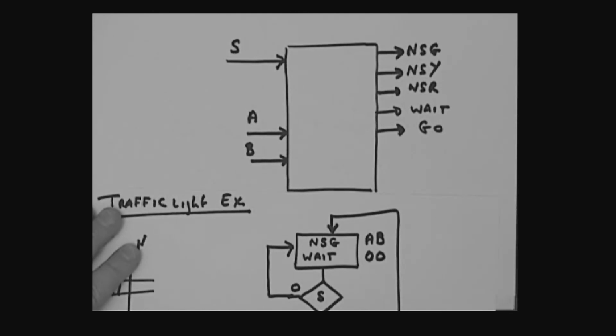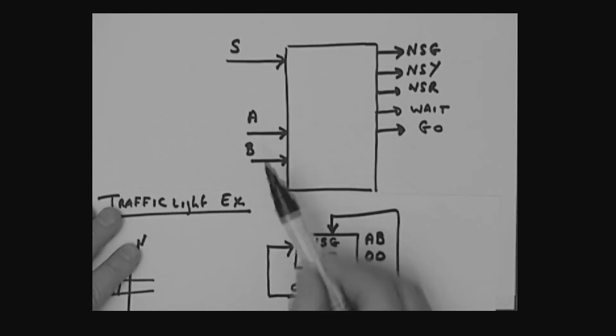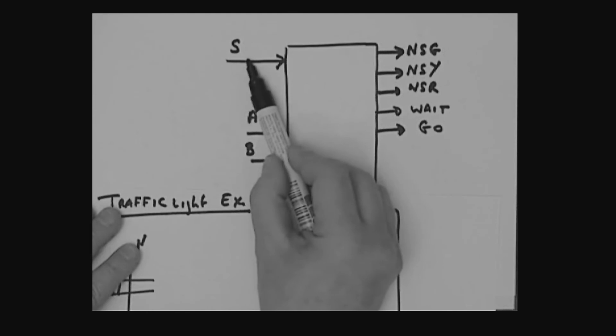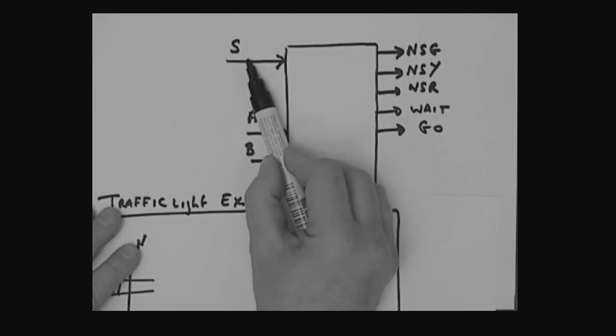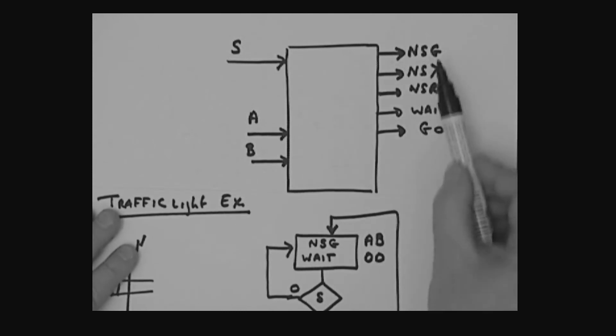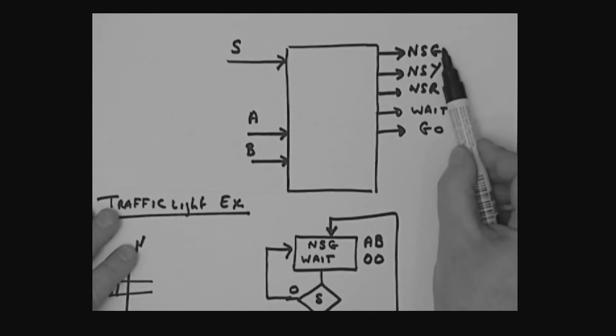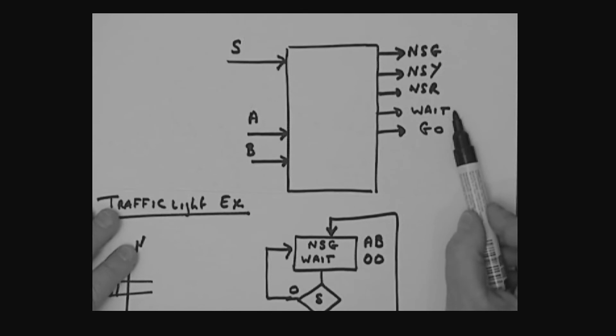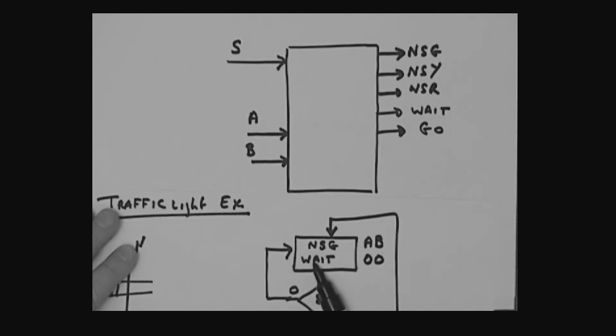Now, if I'm in this condition with A0, B0, and somebody decides to press the switch, what do I want to do next? Well, I still want to have the same light on at the moment. The green light's on and the wait light's on, because I'm still in this condition.